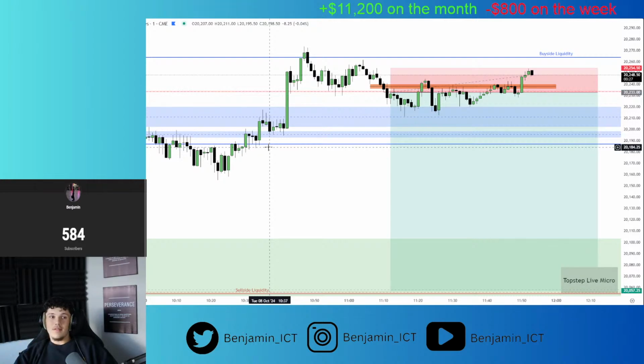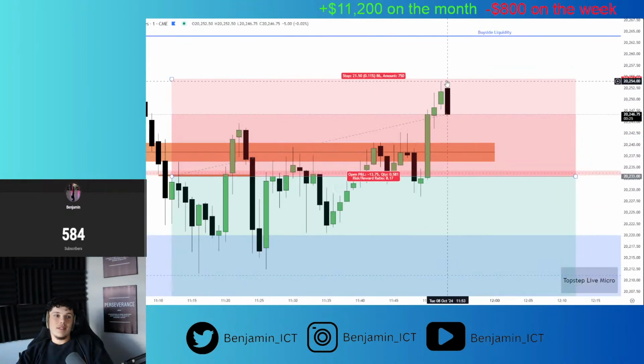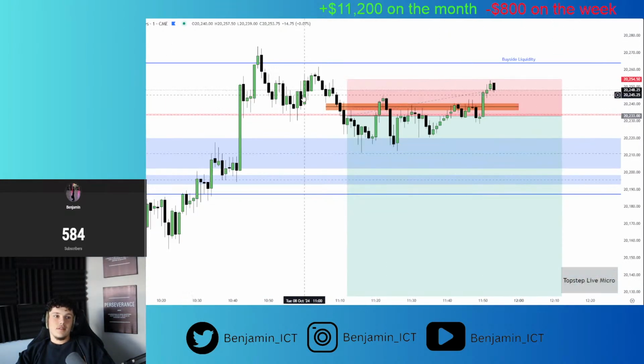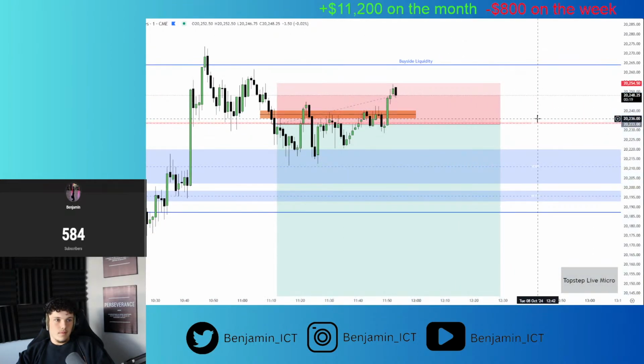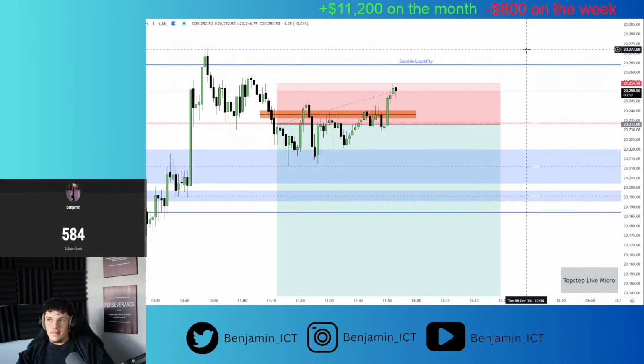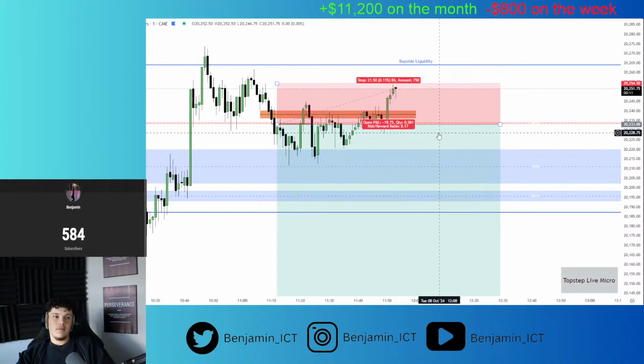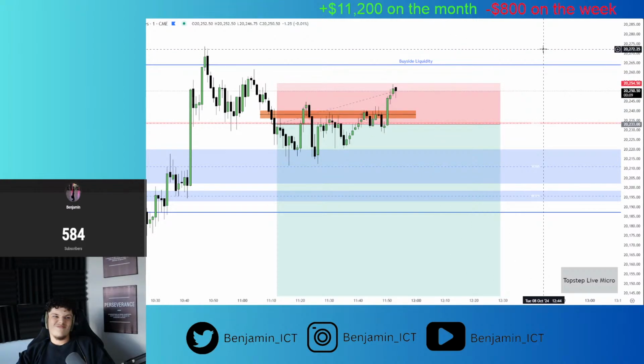That'll be funny though if I win this trade. Look how close that is to my stop loss. But it's not looking too good. Still up quite a bit on the month though, so we're still fine.